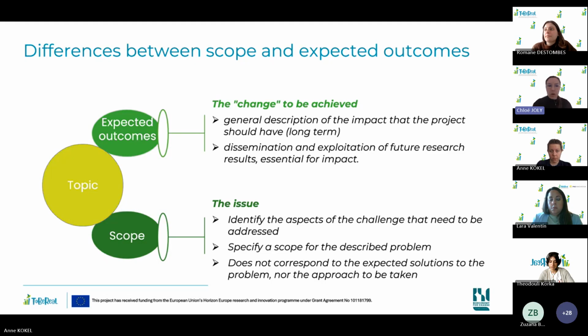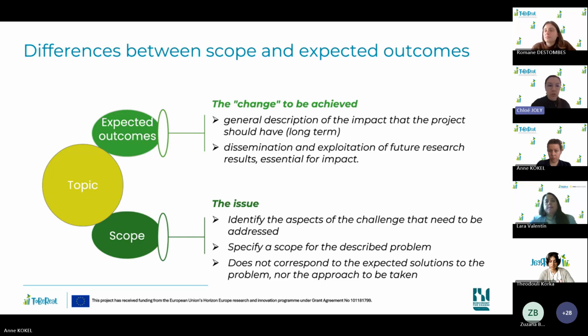And then in the scope, this is the issue. So they are detailing a bit the context, the challenges that are defining the topic. Why CBE JU is proposing this topic is because they identified some current challenges, and they are expecting some projects to resolve these challenges.